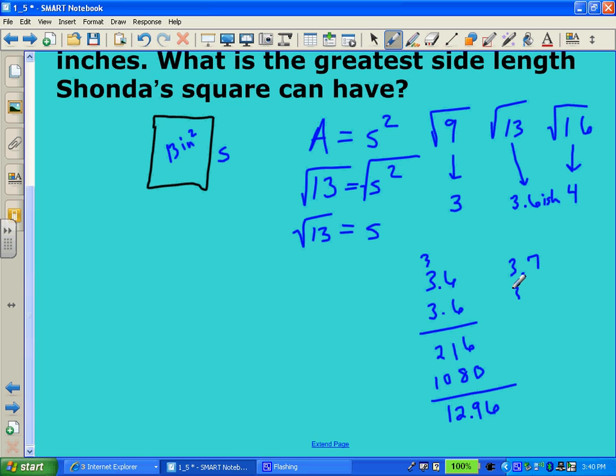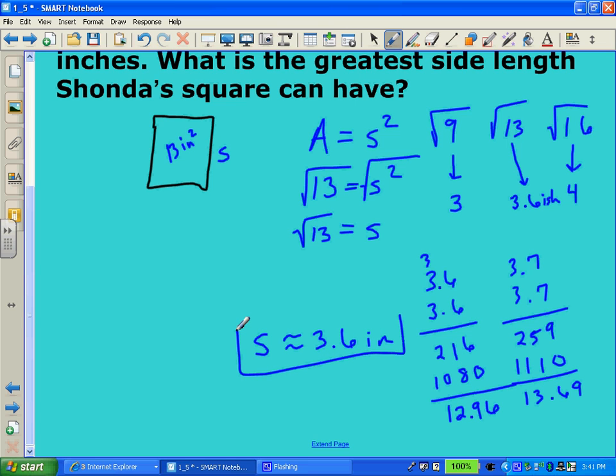Now let's just check 3.7 just in case that might be closer. And that gives me 13.69. Okay, so that one's not as close, so that means 3.6. We'll put a little squiggly equal sign, that means approximately. Our side length would be approximately 3.6 inches for our square.